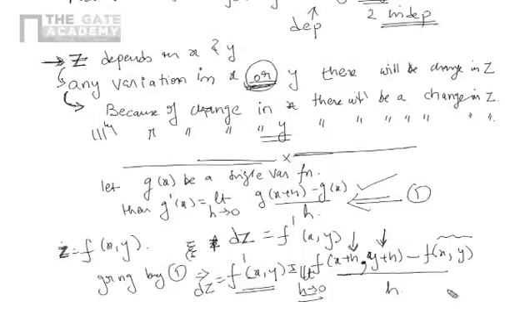I first marked this word or and kept it. That means x changes, even if y is not changing, then again I will have a change in z. Similarly y is changing and x is not changing, again I will have a change in z. So how do I capture that?